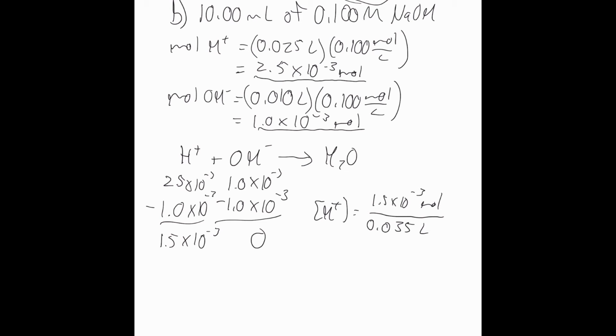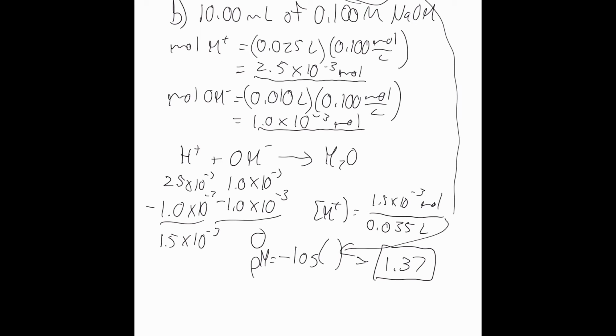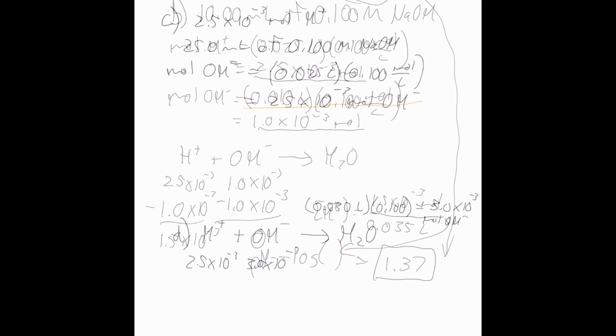If we plug that in to the negative log of that number, I'm not going to calculate that number itself, and so our pH is equal to 1.37. So we added 10 milliliters of 0.1 molar sodium hydroxide, and we went from a pH of 1 to 1.37. So it's gone up a little bit.